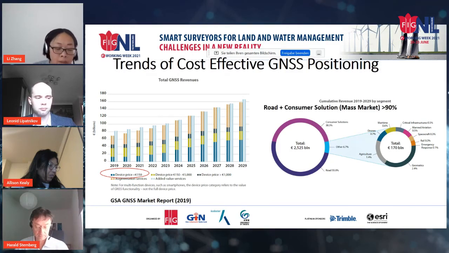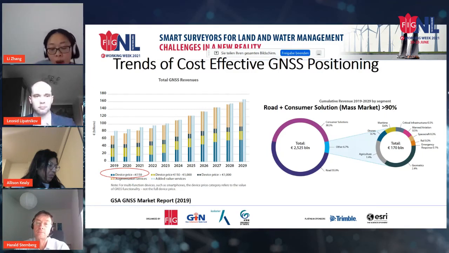And I think maybe you also joined the excellent technical session about the GNSS augmentation services yesterday. There is really a lot of development in this area. If you look at this figure about the cumulative revenue by segment, we can see that the road and consumer solutions are dominating.